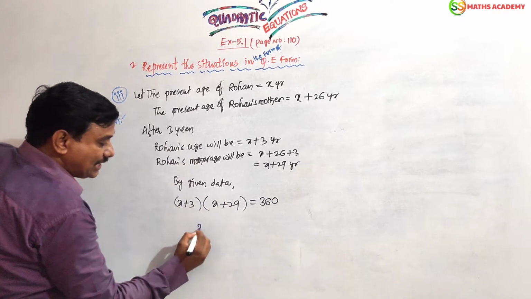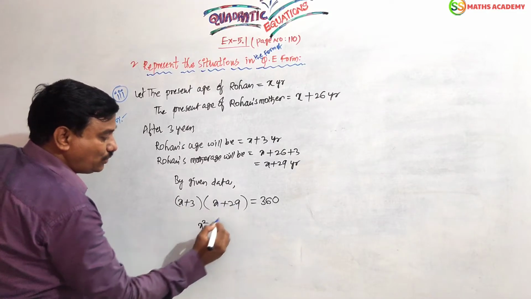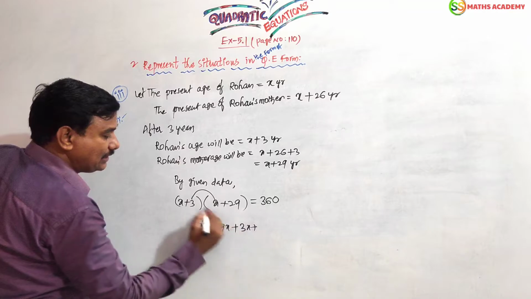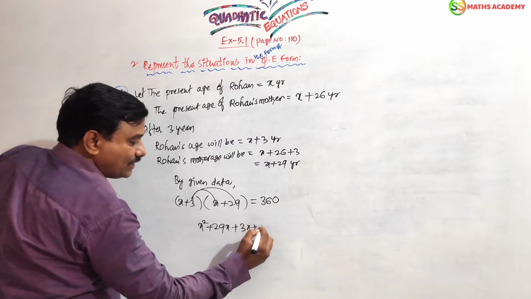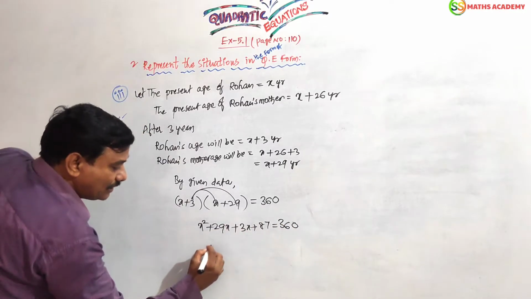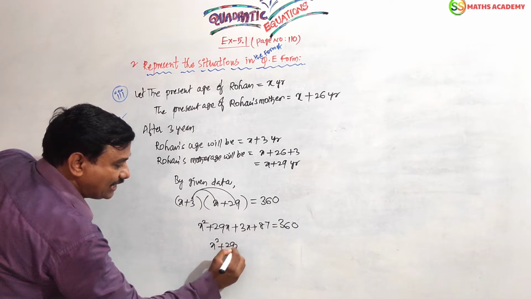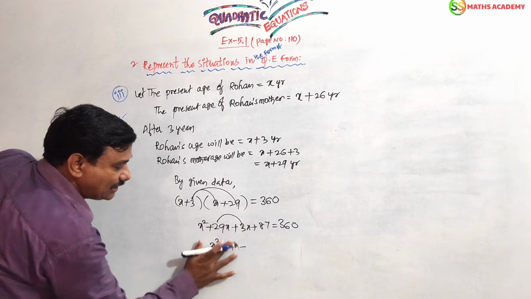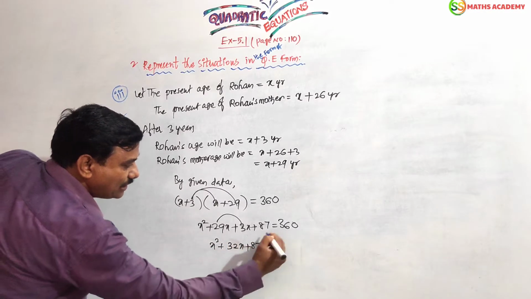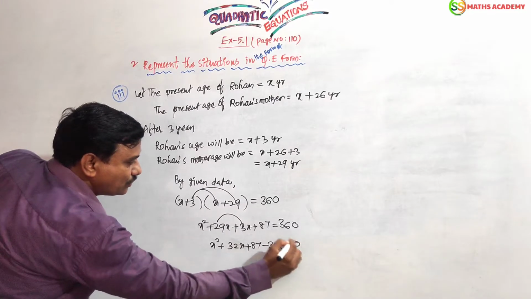Now x into x, x square, x into 29, 29x, 3 into x, 3x, 3 into 29, 87, equals 360. Now x square plus 29x plus 3x, nothing but 32x, plus 87, here it becomes minus 360 equals 0.